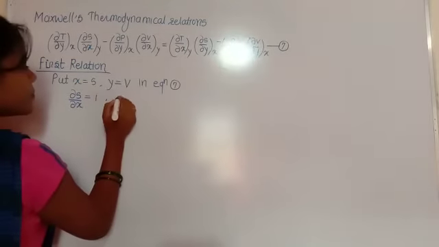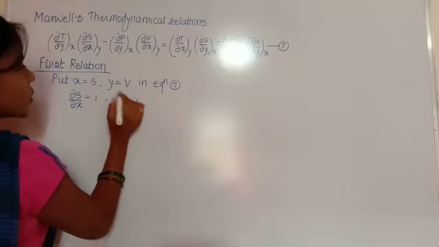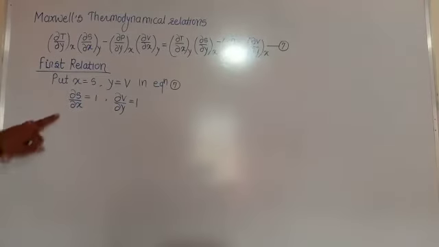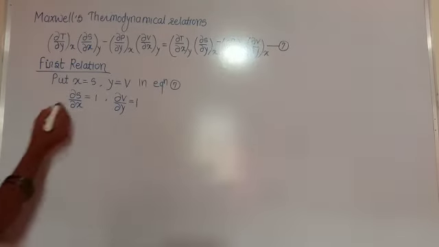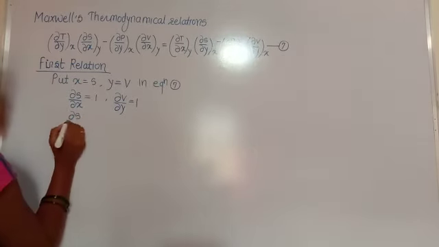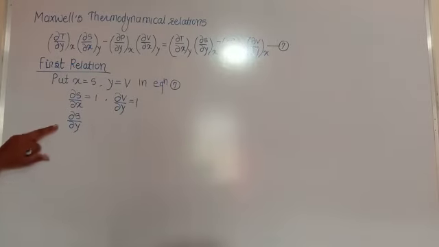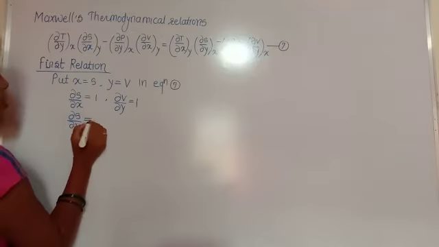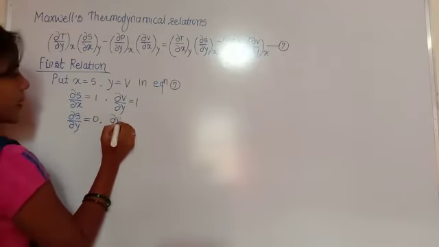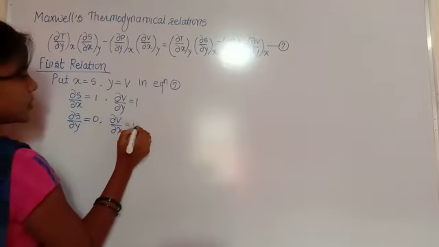Here del V by del y is also 1 because y is equal to V. The derivative of S with respect to y, where y is V, is the derivative of a constant function, so it becomes 0, and del V by del x is also 0.